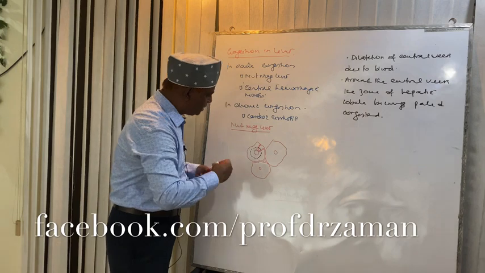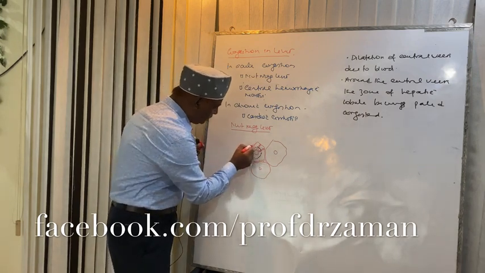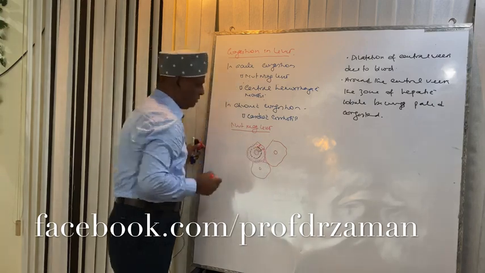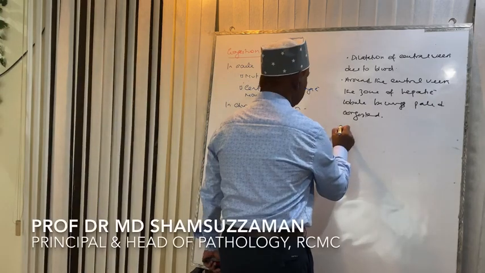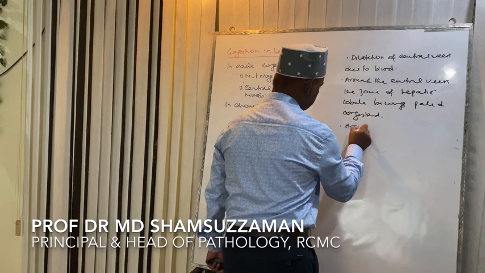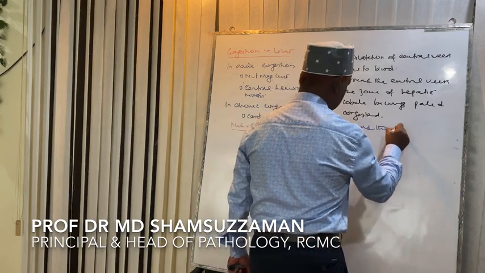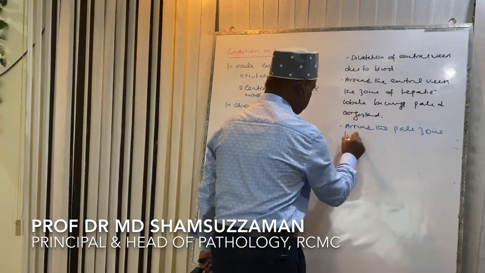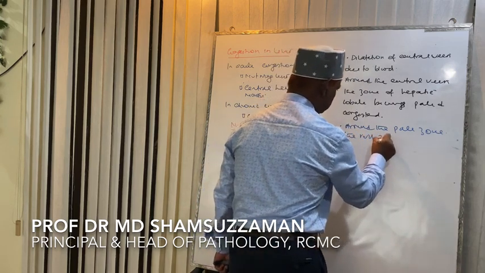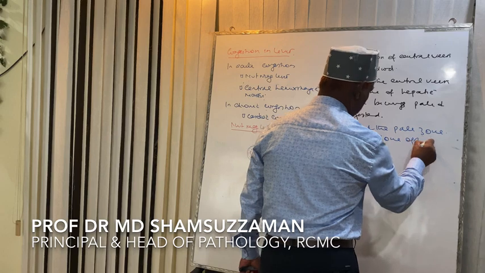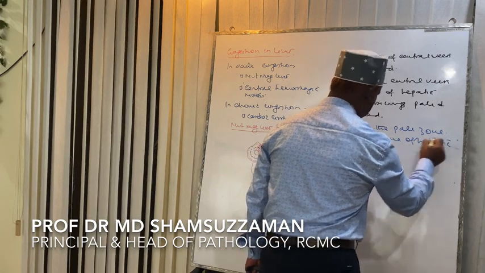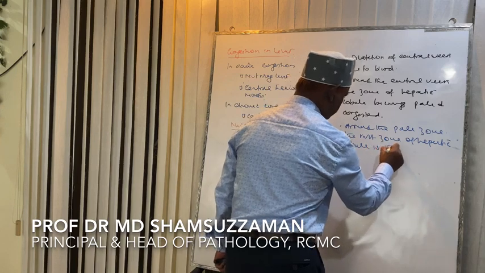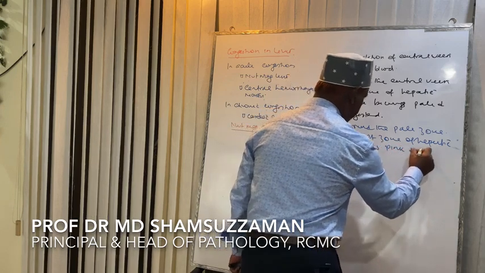And around this pale and congested zone, the rest of hepatic lobule is red and decongested. Around the pale zone, the rest zone of hepatic lobule is pink and decongested.